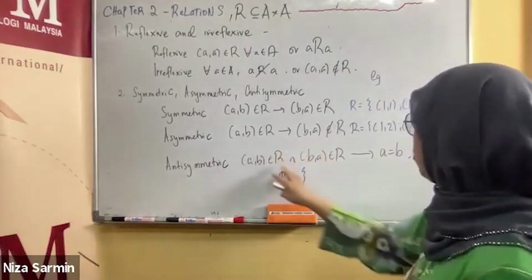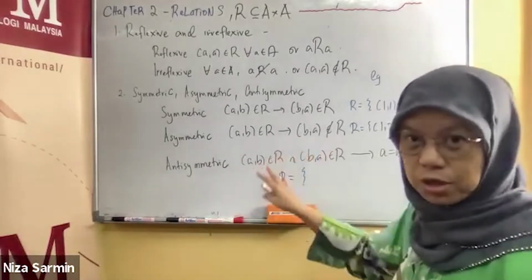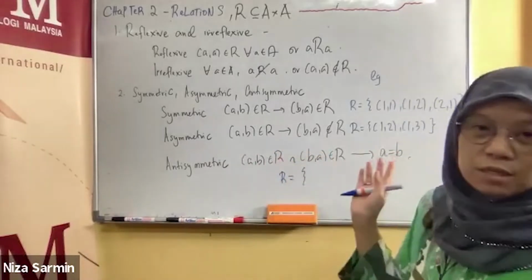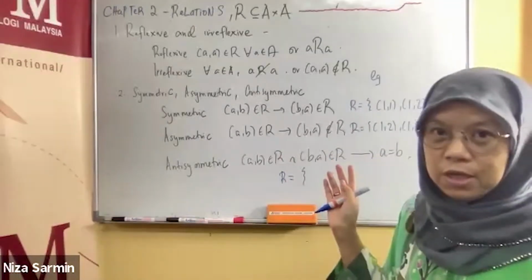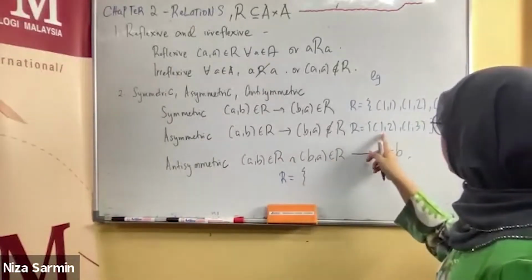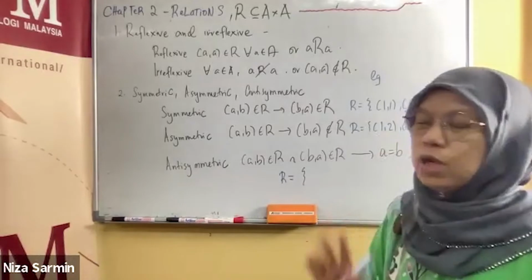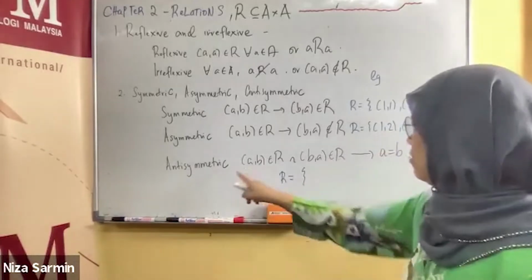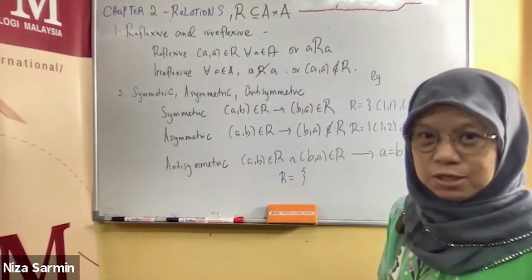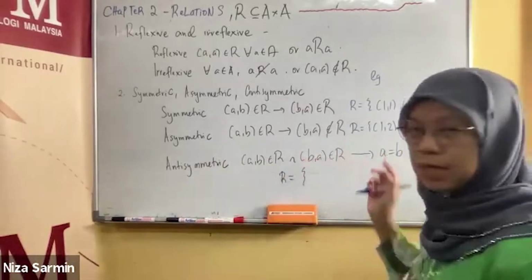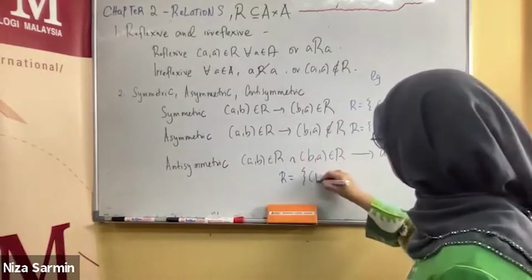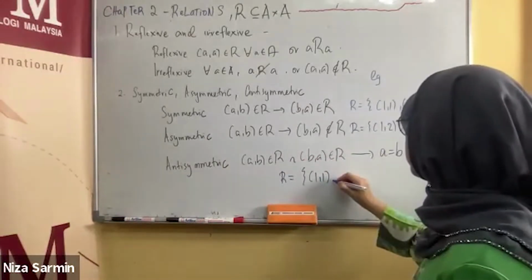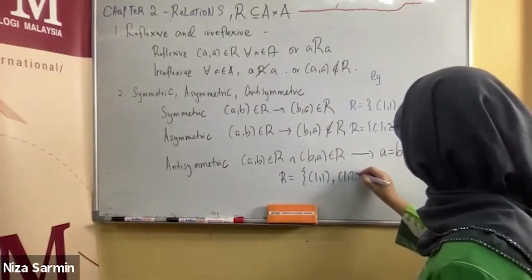Then this will be false. If it's not there, it's okay. False implies anything is true, all right? If you have 1, 2, you don't have 2, 1 is okay, but you cannot have a 2, 1 for antisymmetric, because it says if you have both, it has to be equal. But you don't have to have this too. So you can have something like this.